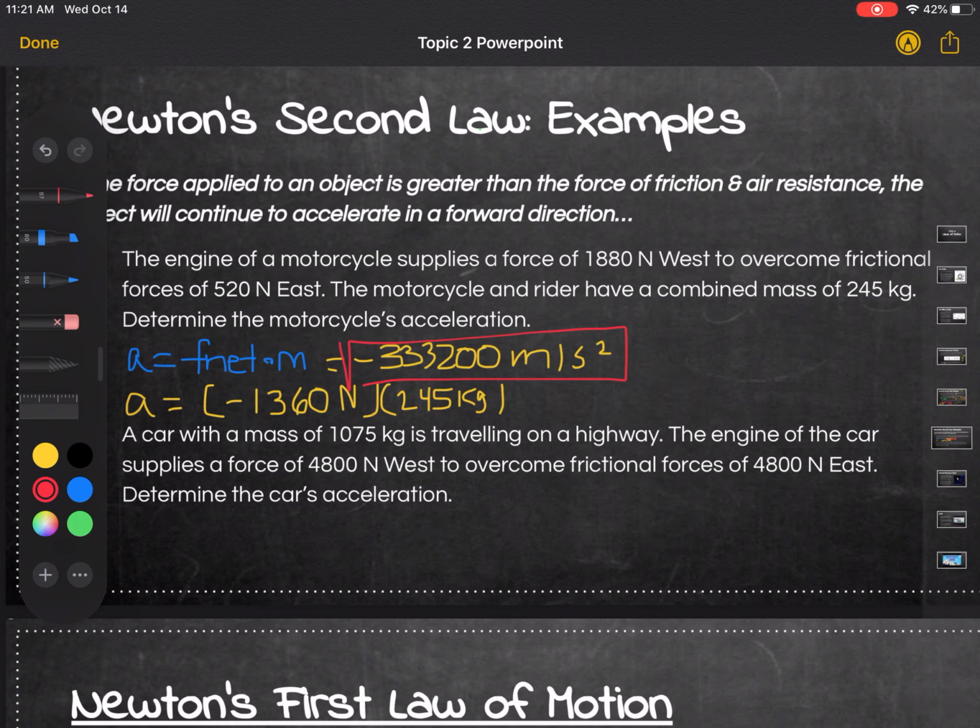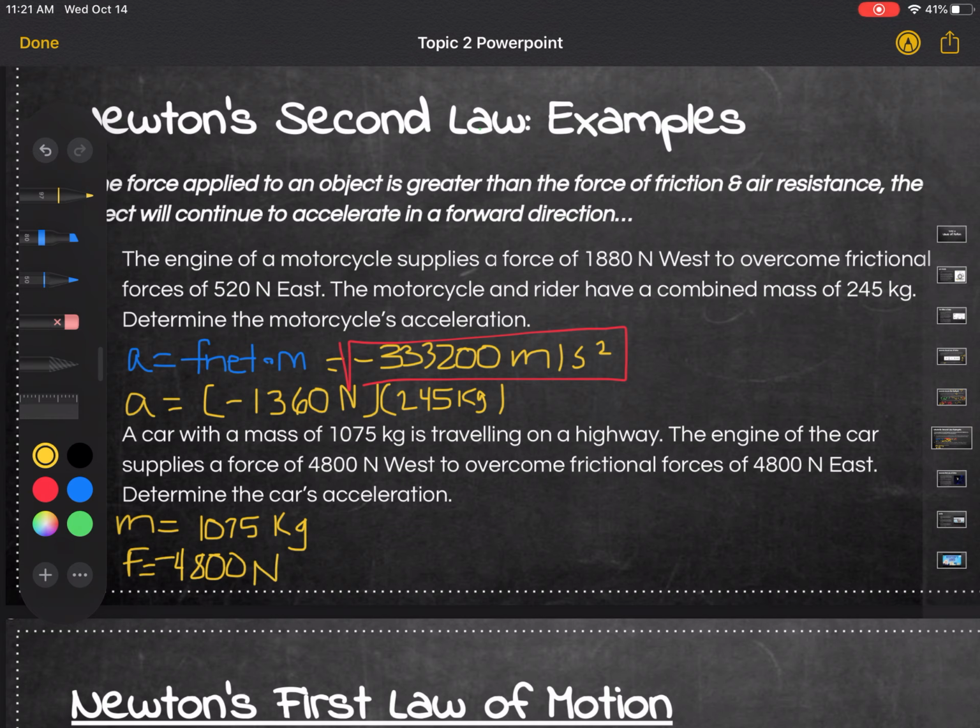The next question says a car with a mass. So this is a totally different question. A car with a mass. So as I'm reading through the question, write down the things that they give us. Is traveling on a highway. The engine of the car supplies a force of, so I'm just going to write force of 4,800 newtons, and that's west, so that's negative.